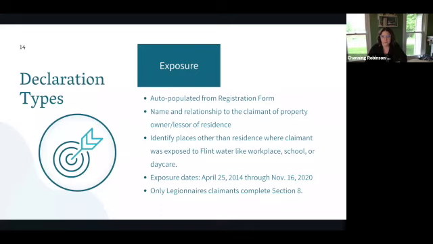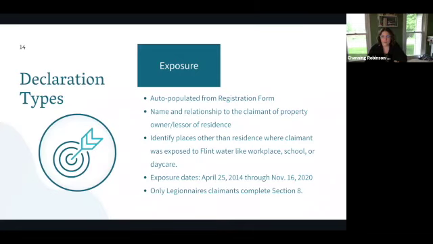We're here to help. It will ask you on the declaration to identify other places other than your residence where you were exposed to the Flint water. So if you have lived in Flint, you've worked in Flint, you've gone to school in Flint, there have been multiple places of exposure that you've had to deal with in relation to the water.